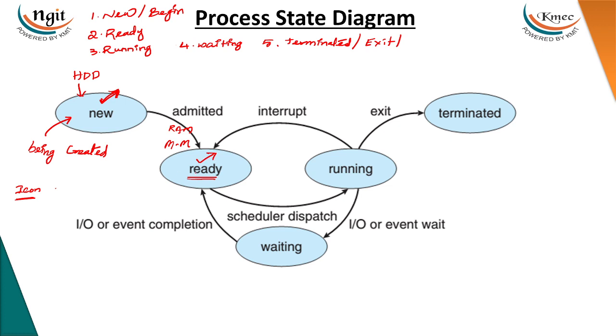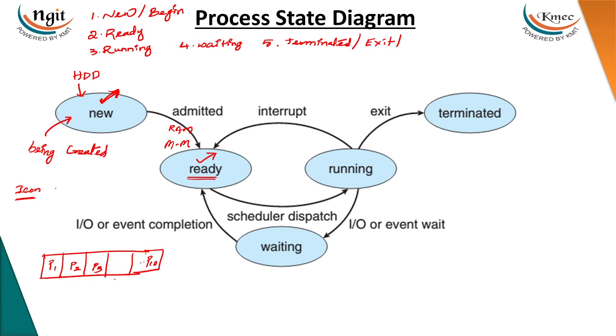The ready state consists of all the processes which are waiting to be assigned to a CPU, that is process P1, process P2, process P3. All these are put onto the ready queue because they are ready to be executed by the processor.